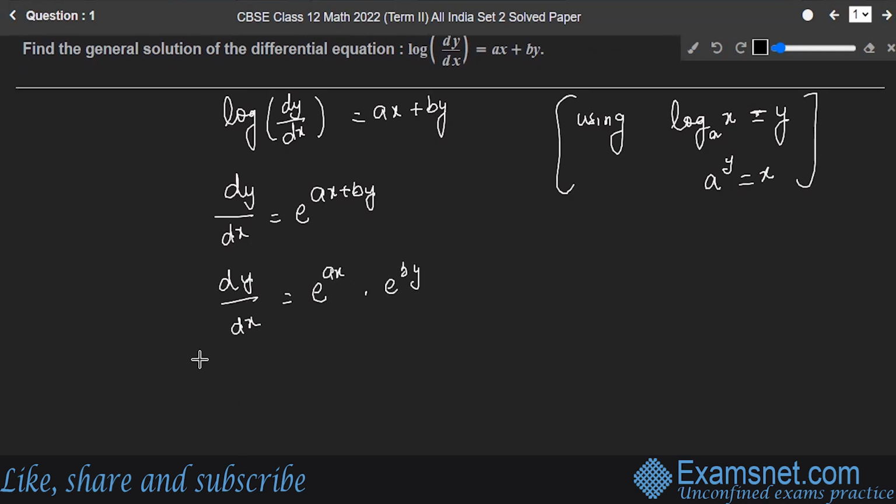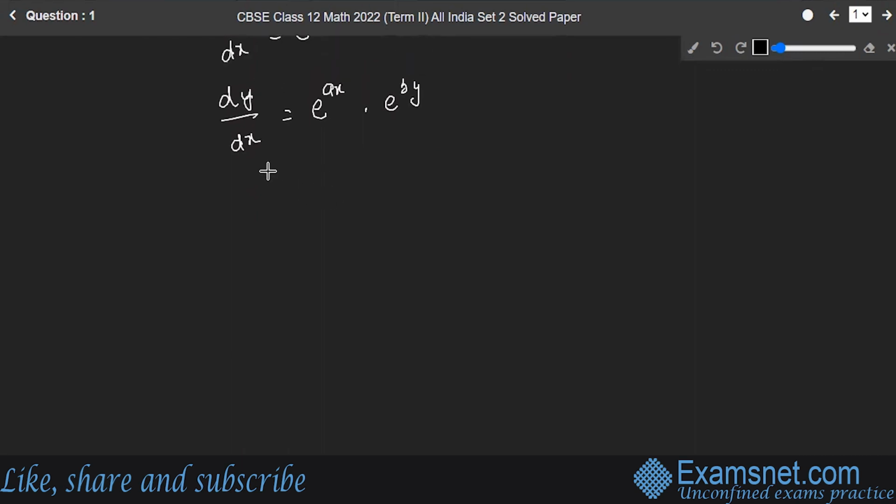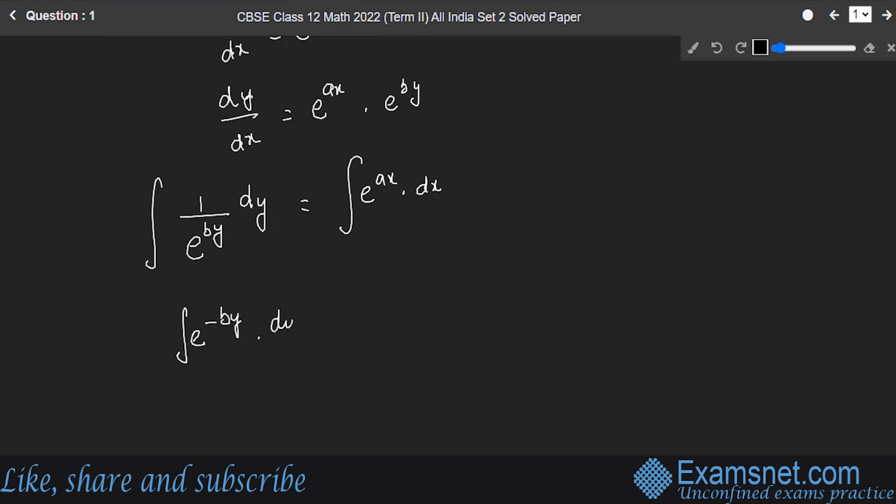Now I'll segregate the terms with y and x. So this is 1 upon e raised to power by dy is equal to e raised to power ax into dx. Now integrating on both sides, this can be written as integral of e raised to power minus by into dy is equal to integral of e raised to power ax into dx.